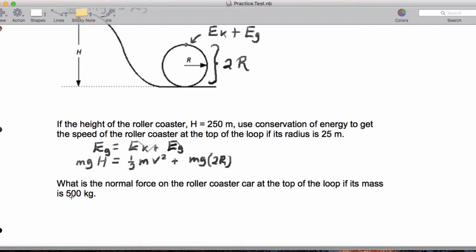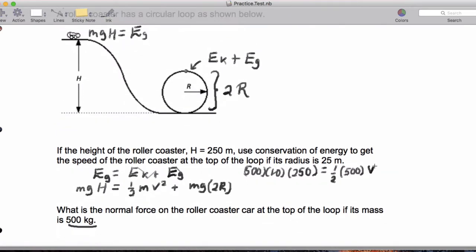Now, I should have given you a mass. We'll use the 500 kilograms in the part below. So we'll get 500 times 10 times 250 equals 1/2 times m, which is 500, times v squared, there's our unknown, plus 500 times 10 times 2 times r, which is 25.